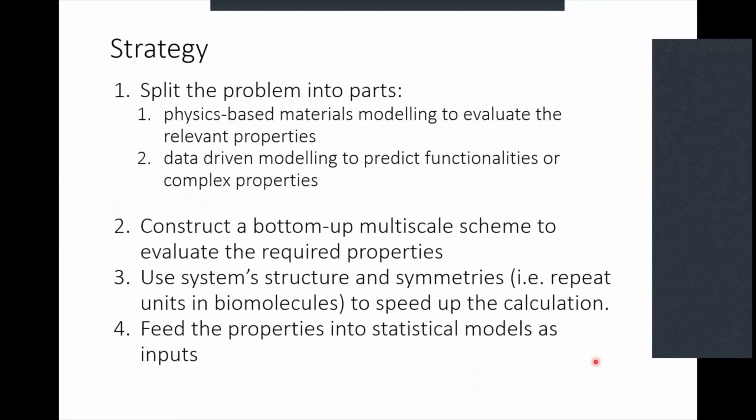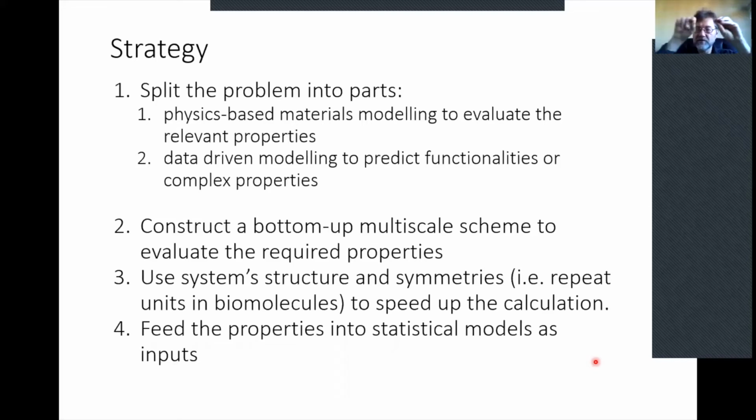Then the overall strategy can be summarized as follows. I split the problem into two parts: physics-based materials modeling to evaluate the relevant properties as far as we can go, and then from that point on, data-driven modeling to predict functionalities or biological activities. So we're going to relate advanced descriptors calculated from first principles to complex functionalities.